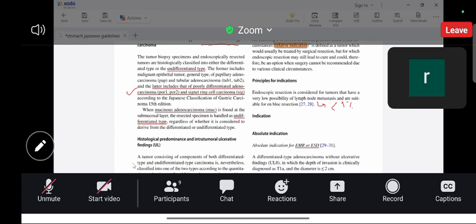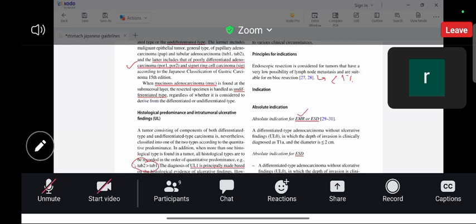Indications, absolute indication for EMR and ESD. So differentiated type adeno without ulcerative finding, in which depth of invasion is clinically diagnosed as T1A and diameter is less than or equal to 2 cm. So that will be absolute indication for EMR or ESD. Then what are the absolute indications for ESD? That is for the dissection only, not for EMR.